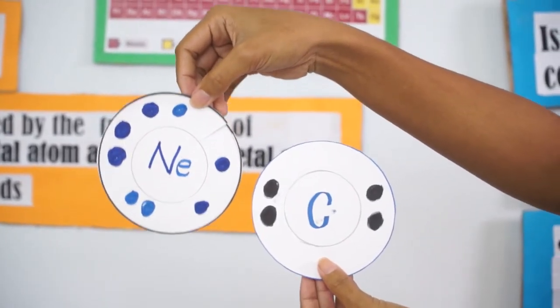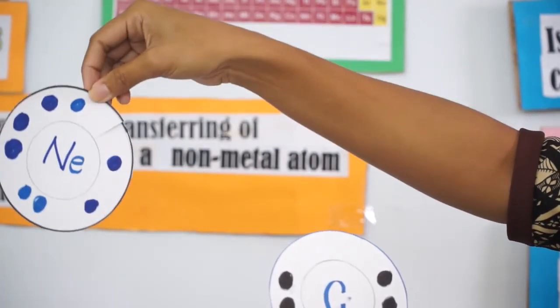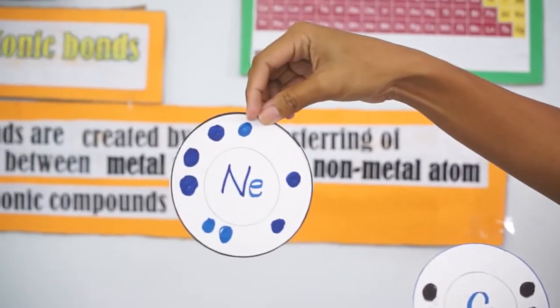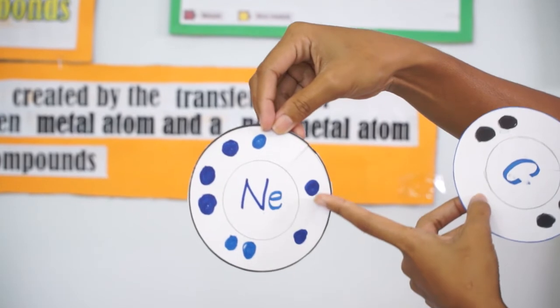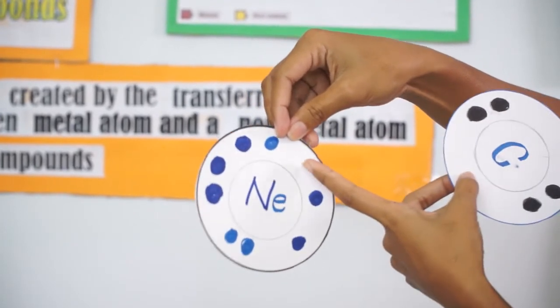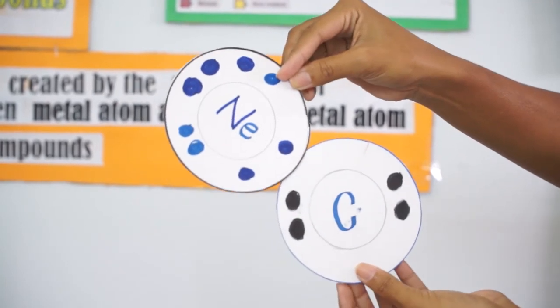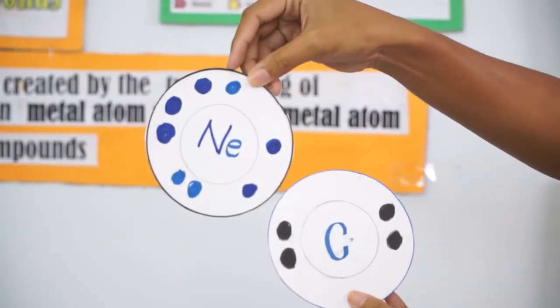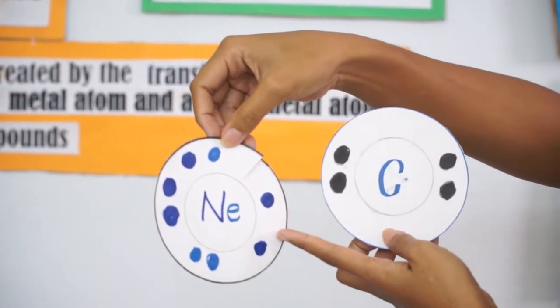Neon has full valence electrons, which is 8 electrons, and carbon has 4 valence electrons. Neon does not need any electron because it is a noble gas which has full valence electrons. Therefore, no bond will form between these 2 atoms.